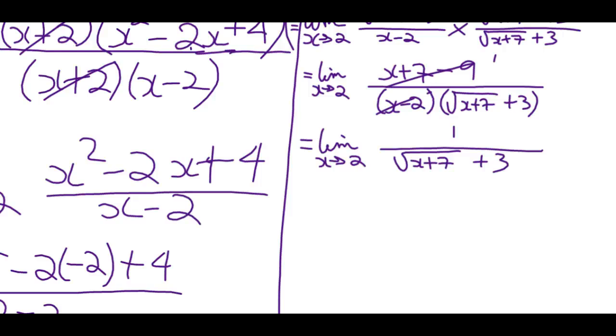Now, can we stick a 2 in there? Sure, that's fine. So that's equal to 1 over the square root of 2 plus 7 plus 3, which is 1 over 6, right? So 2 plus 7 is 9, the square root of 9 is 3, 3 plus 3 is 6. So we get 1 over 6.